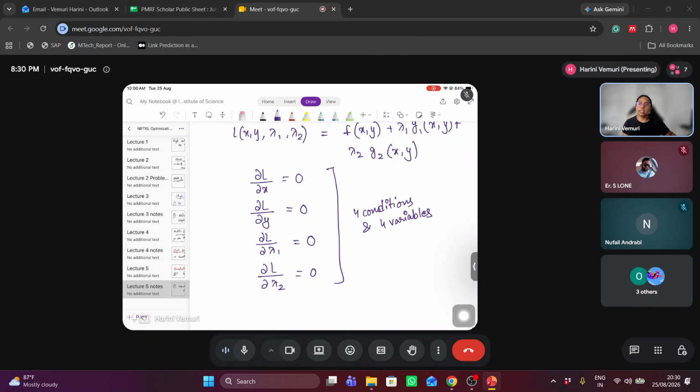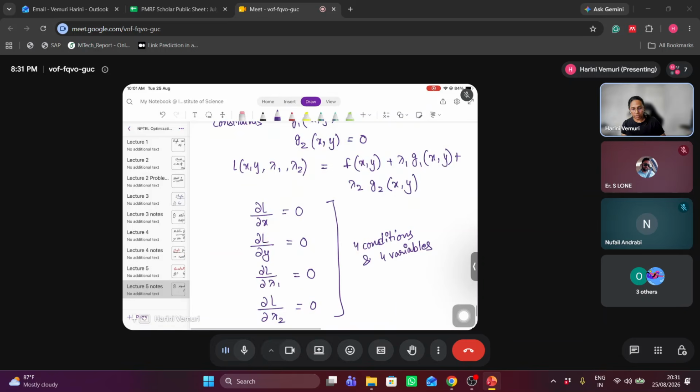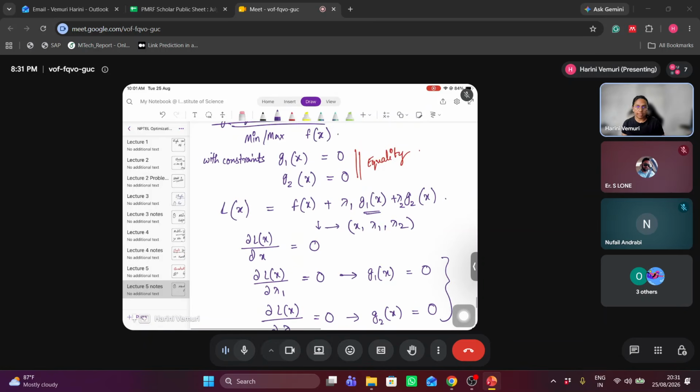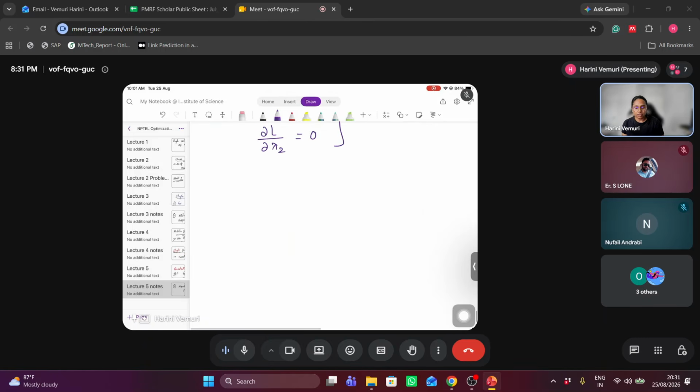If you want to see the derivation and all, sir is explaining that, so I'm not going through it. And suppose in our case, what I have given is g of x is equal to 0. Sir has also mentioned g of x equal to b, where b is a constant.